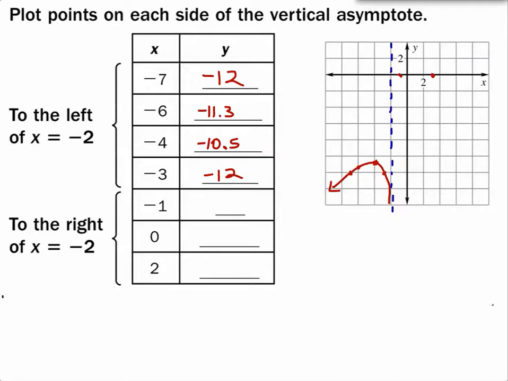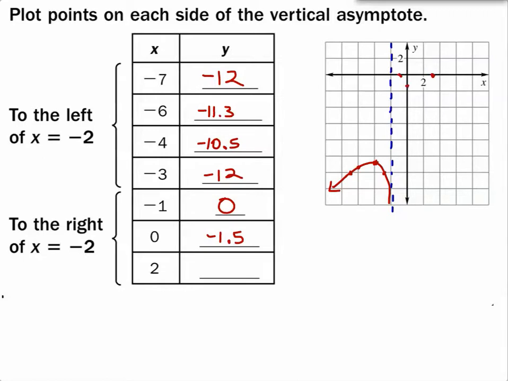Now, you know that negative 1 is a zero. We have this from before. When you plug in 0, you end up with negative 1.5.